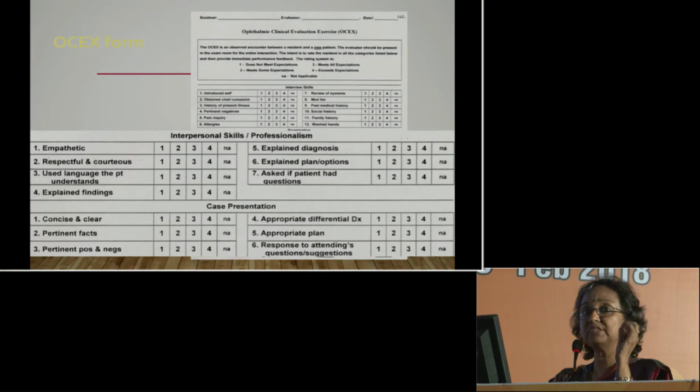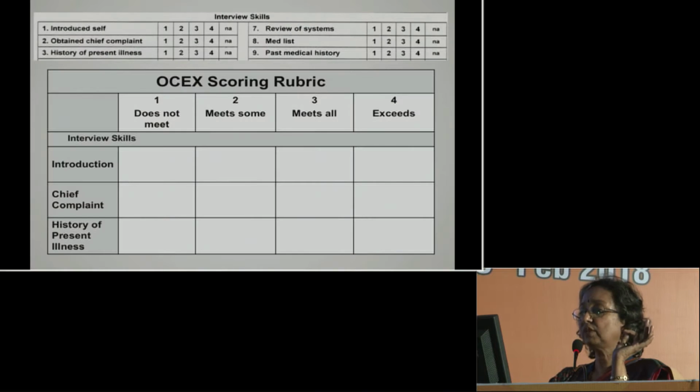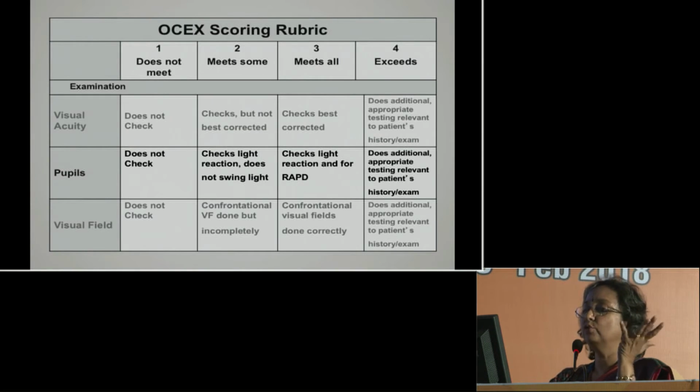This goes with descriptors for each stage, and this is what the descriptors look like. For instance, for pupils, number 1 is does not check, number 2 checks light reaction, does not swing the light, 3 checks light reaction and for RAPD, and 4, which is exceeds, does additional appropriate testing relevant to patient's history and exam.